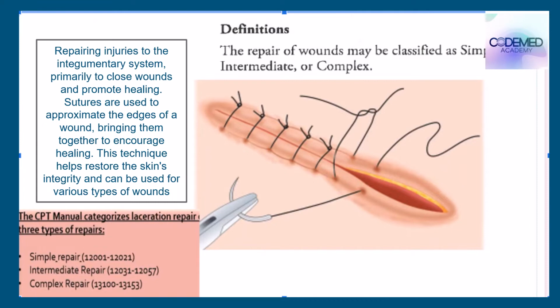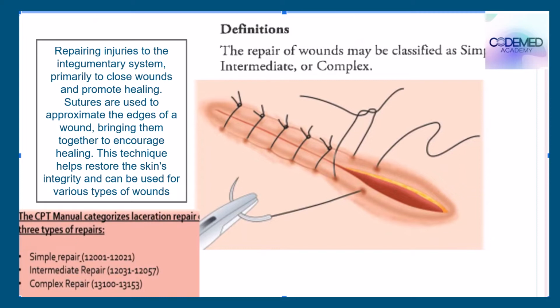Repairing injuries to the integumentary system is primarily to close the wound and promote healing. Sutures are used to approximate the edges of the wound, bringing them together to encourage healing. This technique helps to restore the skin integrity and can be used for various types of wounds. As far as repair is concerned, we have three different types of repair: simple, intermediate, and complex.